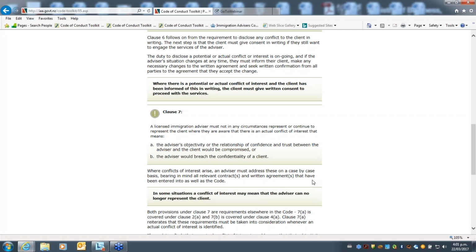That's a clear situation where you can't act if, and I'm not saying that this would happen in this situation, but if by you disclosing that the employer or the client was a client of your colleague, was breaching confidentiality of that client, then you can't act in that situation. So that potentially could be an example of clause 7b, and that is something that you would need to consider.